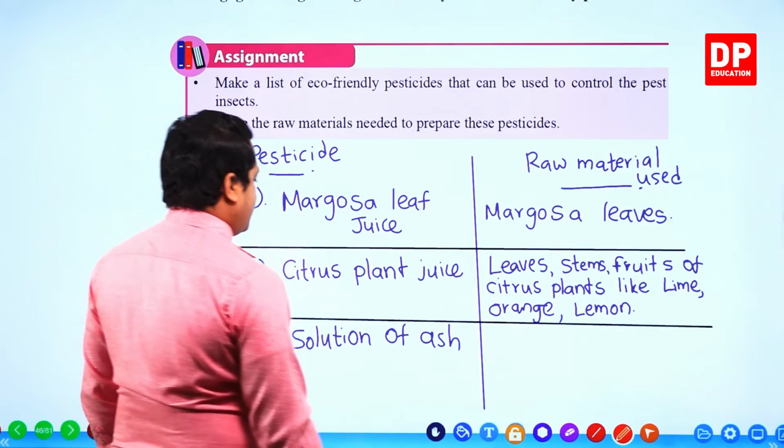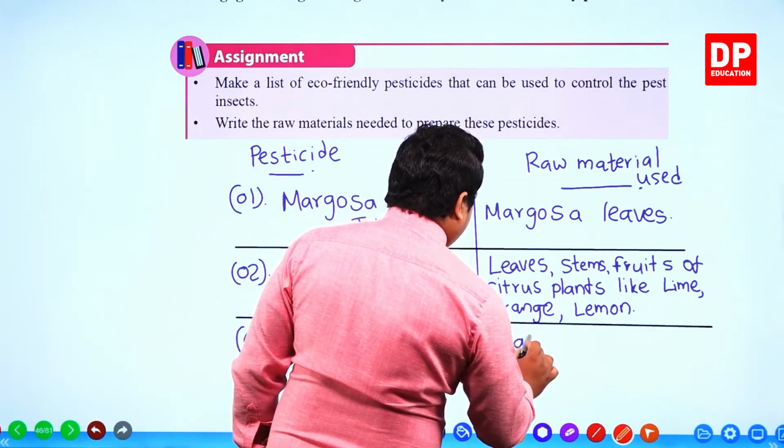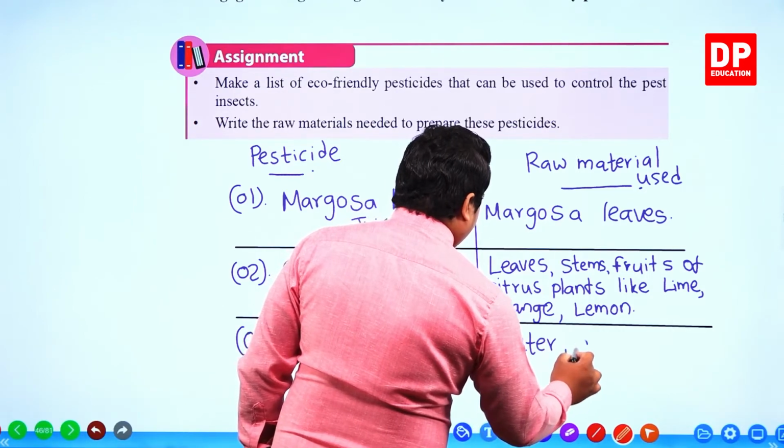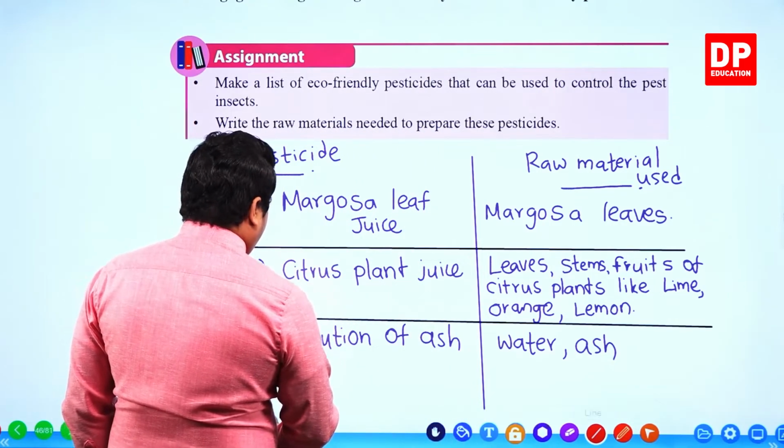Solution of ash. So we use water and ash. Right.